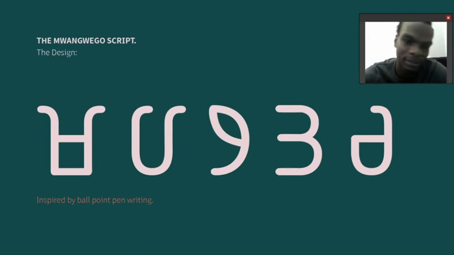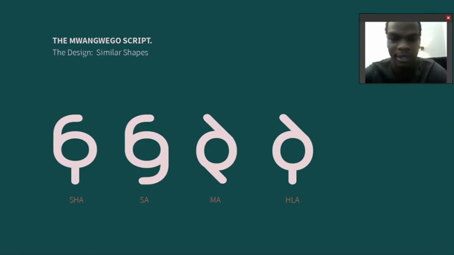Then you see the rounded tips on the letter forms and that smooth flow to mimic ballpoint writing. And I had to make sure that the morphology of the letters and the overall look of the letters is still the same as the original.